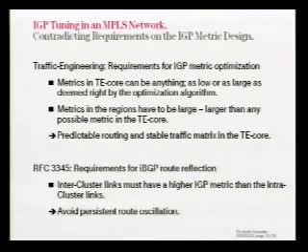On the other hand, if you're using iBGP route reflection, there are some requirements mentioned in RFC 3345 concerning the link metrics, and it says that intercluster links must always have a higher IGP metric than any link within a cluster. This is required to avoid persistent route oscillation.